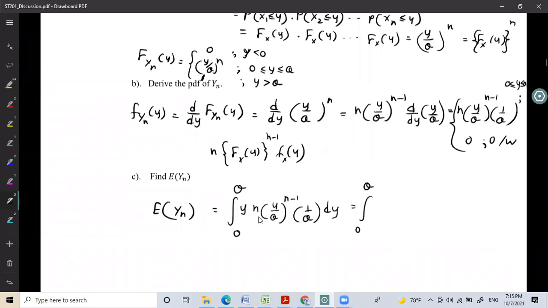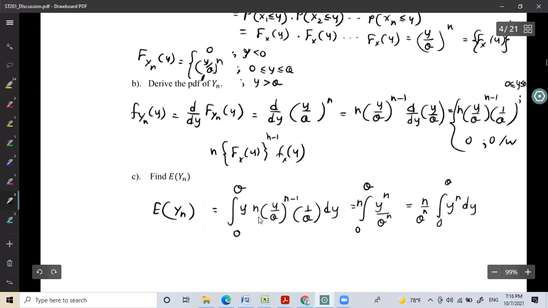You have this y and y to the n minus 1 will combine. You will end up with y to the n, and n is outside. And theta to n minus 1 and another theta, you will end up with theta to the power n. So n over theta to n outside, integral from 0 to theta of y to the n dy.